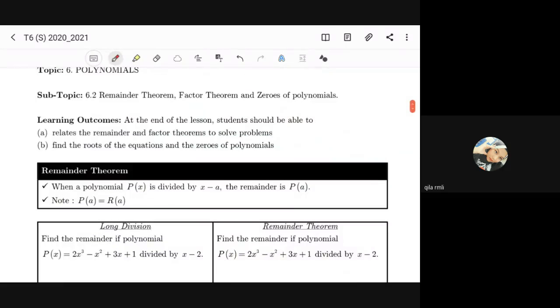Okay, so just now you have learned about long division, the operation and the long division. Okay, the next one is under remainder theorem.